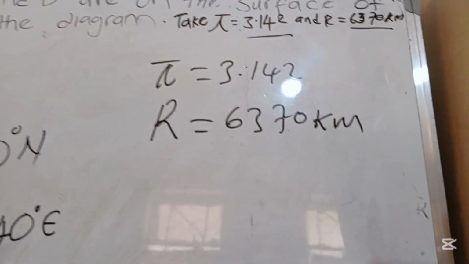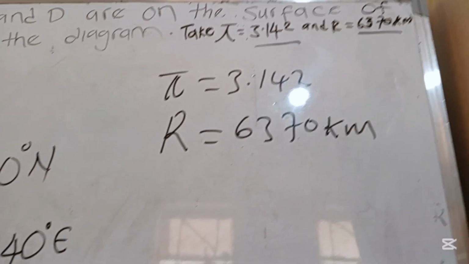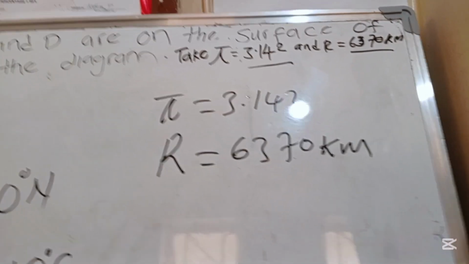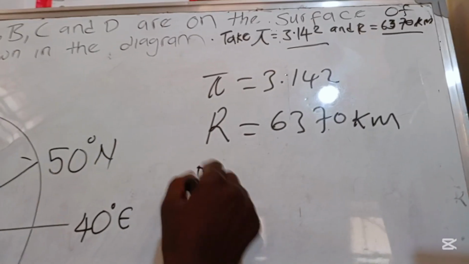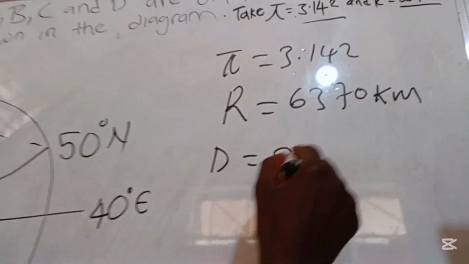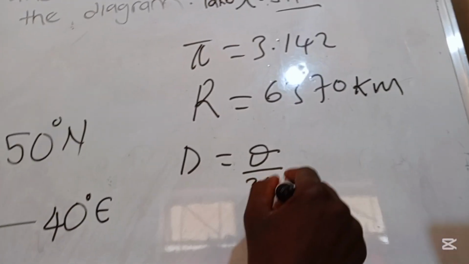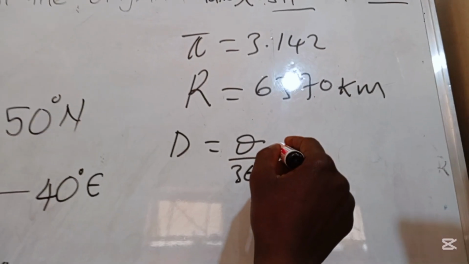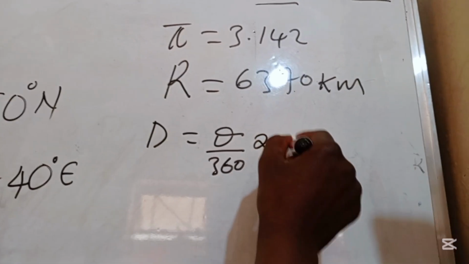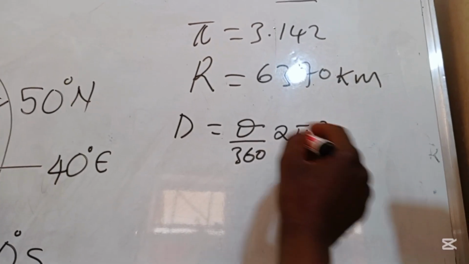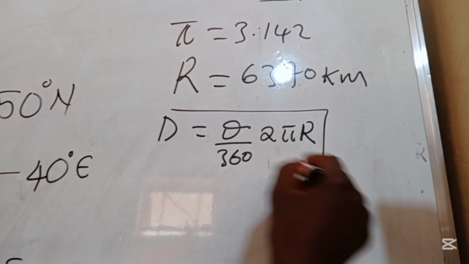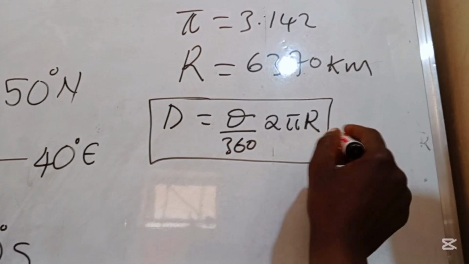The other thing is you should understand that for kilometers, most teachers emphasize that we should use this method. Along the longitude, it will be multiplied by 2 pi capital R. My R in this case is the radius.